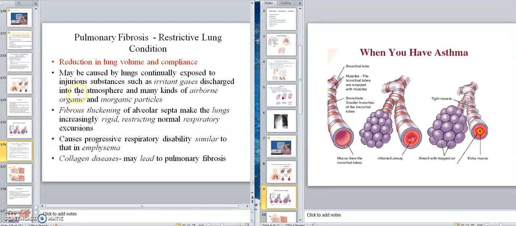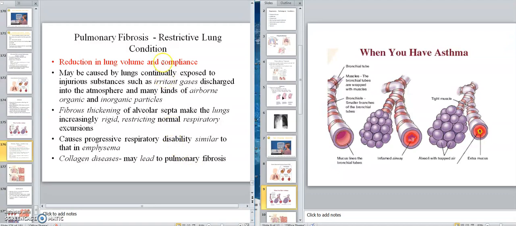Okay, pulmonary fibrosis gives a reduction in lung volume. So it's a restrictive lung disease. It may be caused by irritant gases. It may be caused by irritation, fibrosis of the lung, which is scarring. There are various reasons for this. Collagen diseases can do it. So in that case, there's a decrease in compliance.